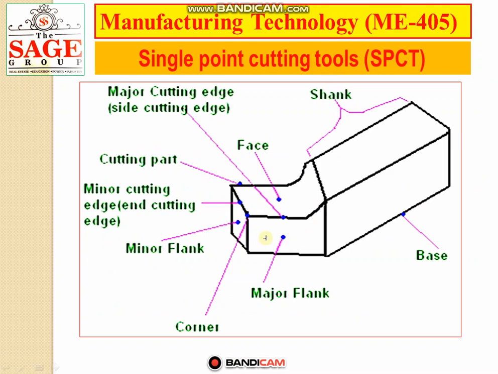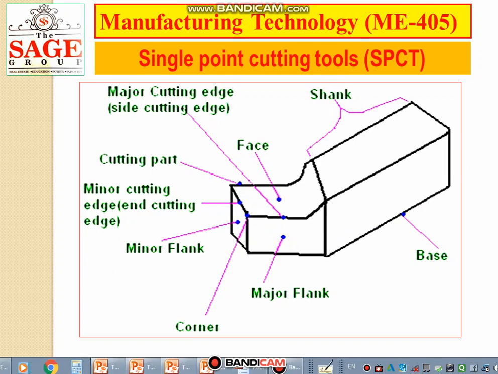This is the 3D diagram of the single point cutting tool. As per the definition, this complete part is known as the single point cutting tool, in which the tool is divided into two parts. This part is known as the shank, the holding part that is fixed into the tool post, and this is the cutting part.